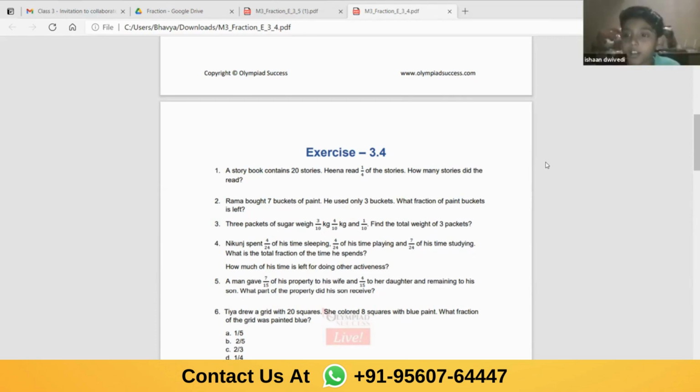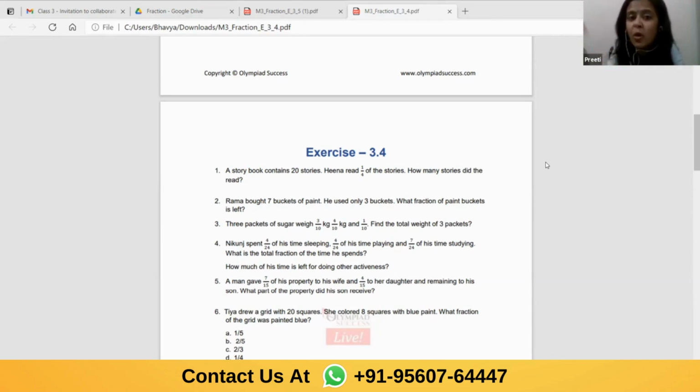Ma'am, we will add both the denominator and numerator. No, Ishan. When we do addition of fractions and the denominators are the same, we only add the numerators.